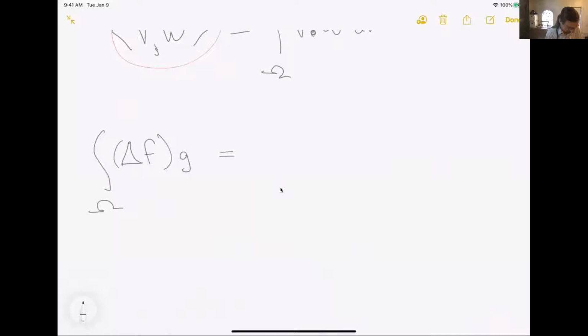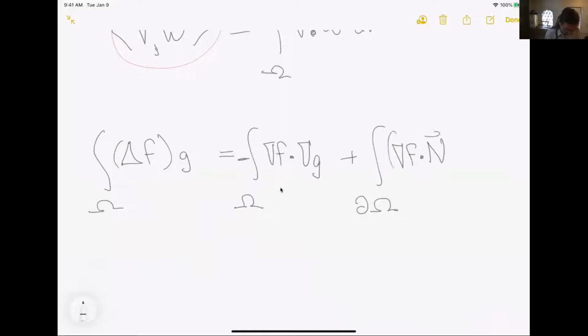And you want to show that that equals the negative of the integral over omega of the gradient of f dotted with the gradient of g, plus the integral over the boundary of omega of the gradient of f dotted with n, all that times this function g.